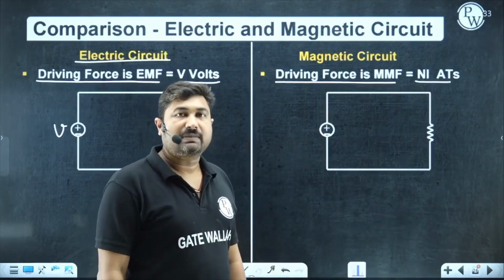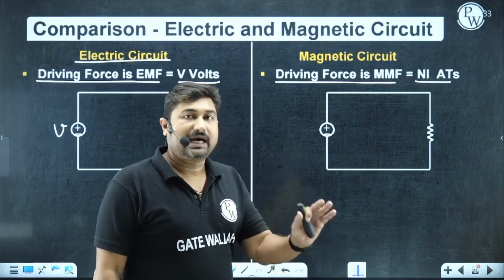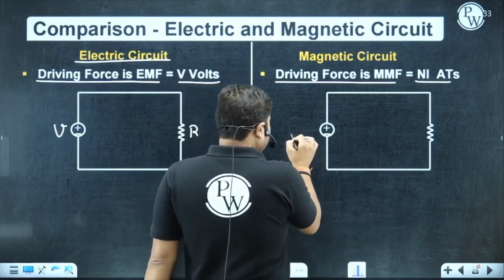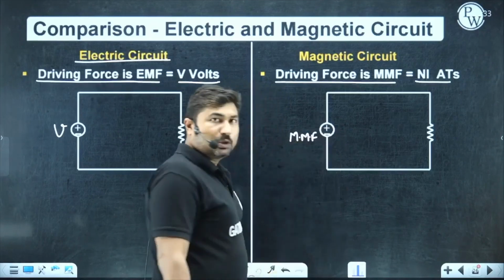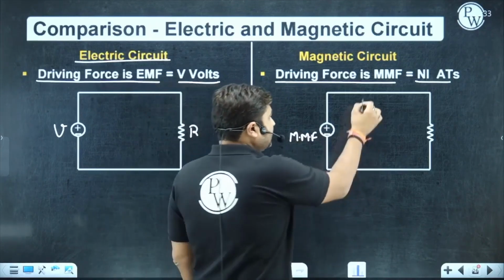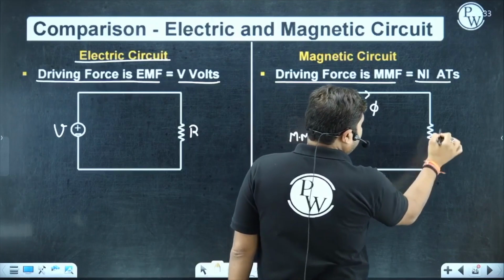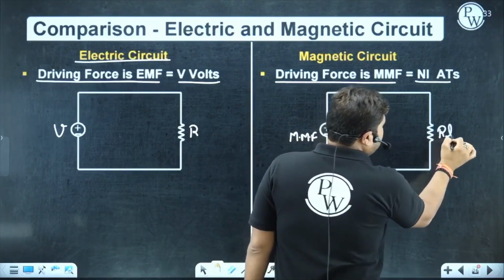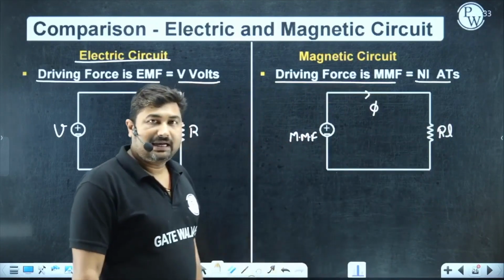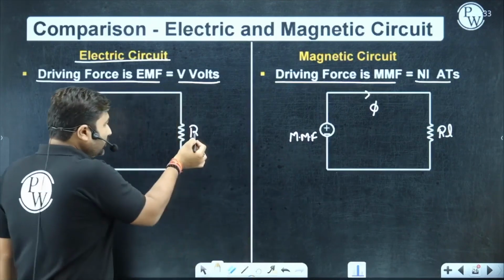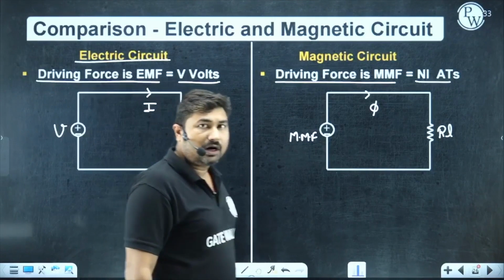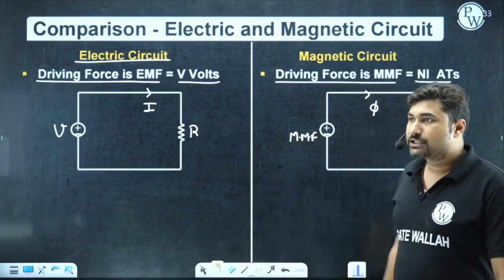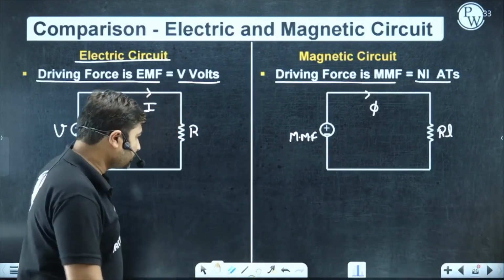And what is magnetomotive force? N into I, sir. So we have MMF, which is driving the flux phi, and opposition to the flux is offered by an element called reluctance. Opposition to the flow of current is offered by a component called resistance. Can I compare these two? Great. Now please observe.